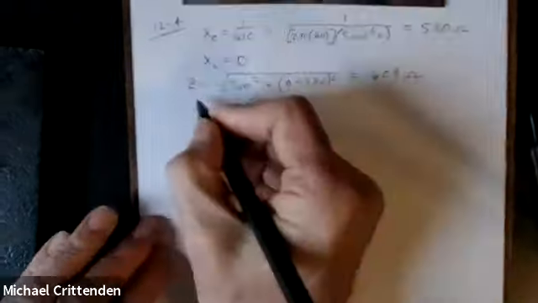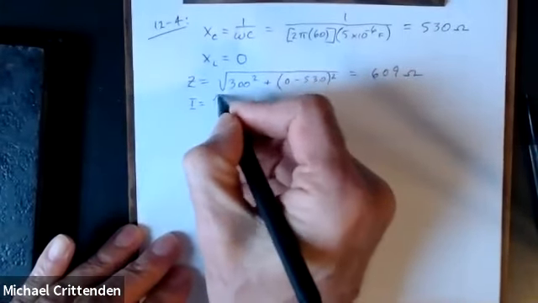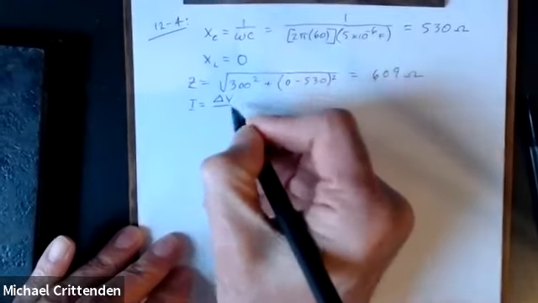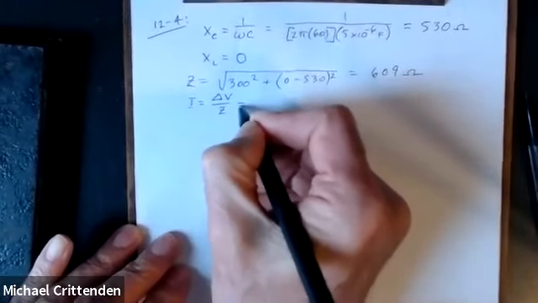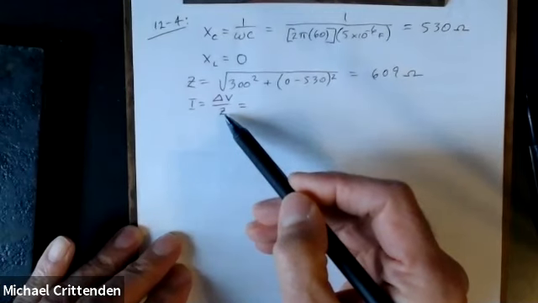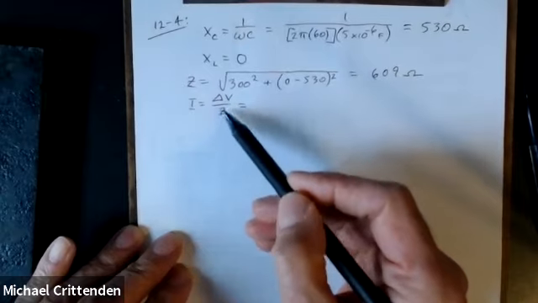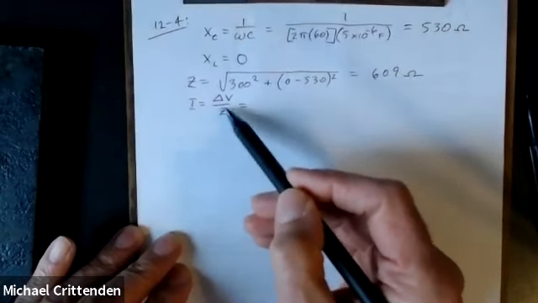And finally, to get the current, I equals the voltage across the whole group divided by the ohms for the whole group. Again, you need the impedance, not the resistance.